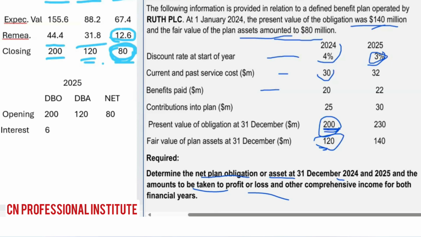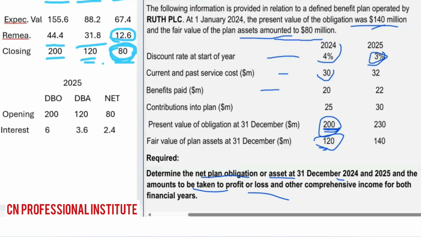Then 3% of 120 gives us 3.6. So the net will be 2.4, and this 2.4 is also an expense, because the interest cost of 6 is bigger than the interest income of 3.6. So the net is interest expense.